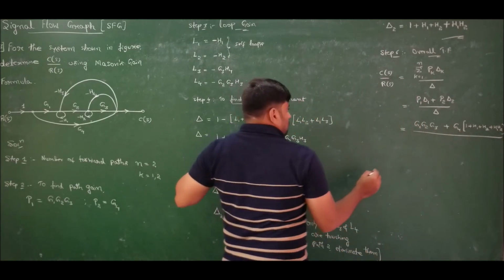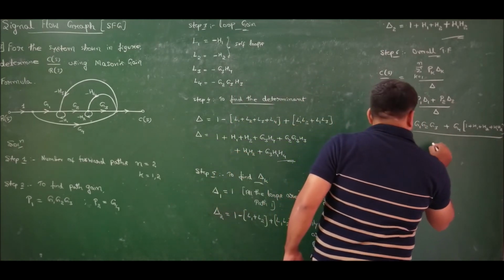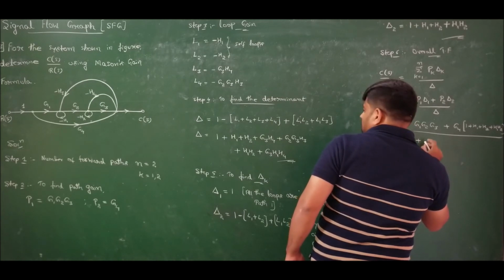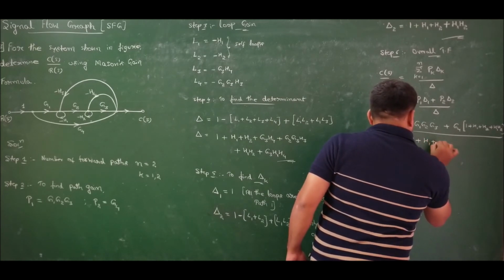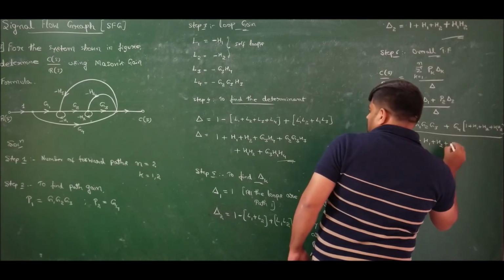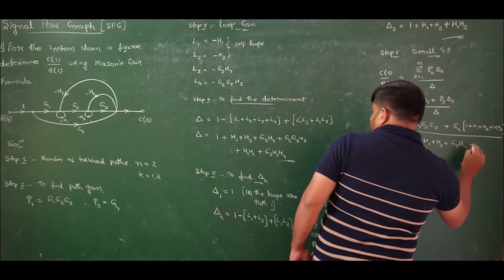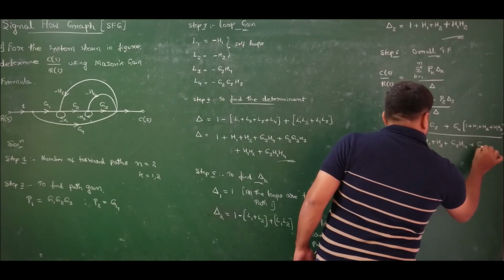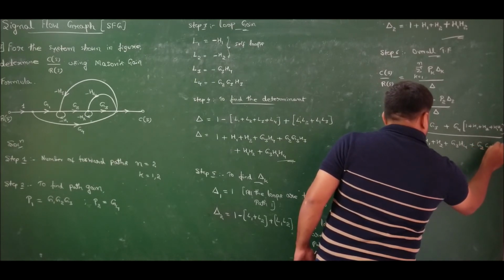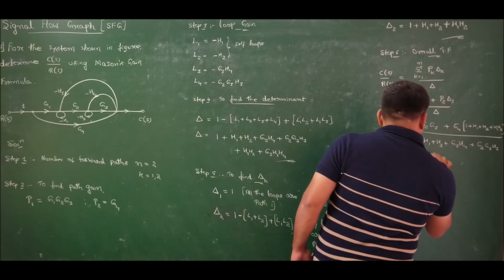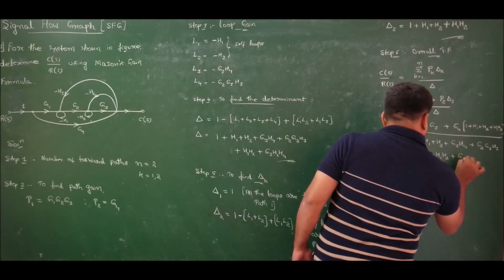So delta is this one. Delta is 1 plus H1 plus H2 plus G3 H4 plus G2 G3 H3 plus H1 H2 plus G3 H1 H4.